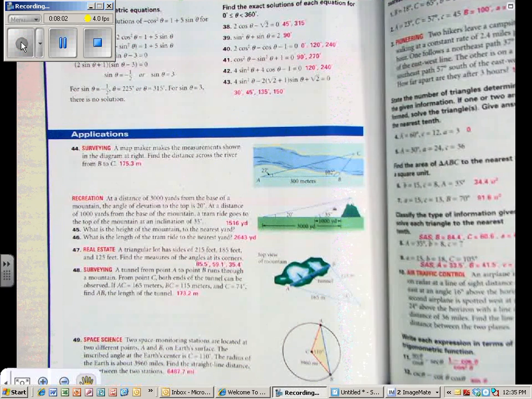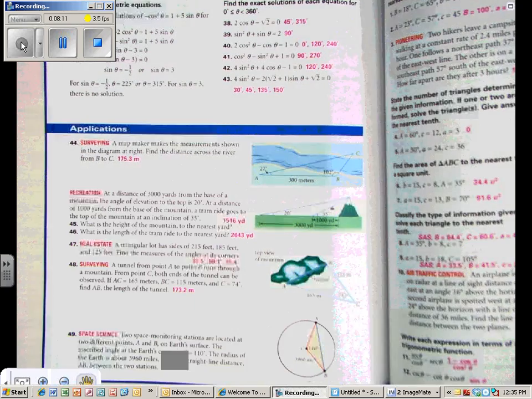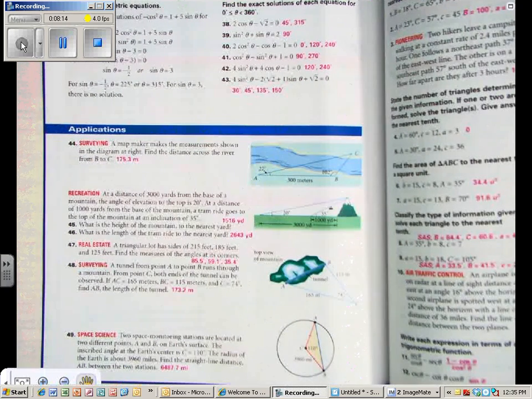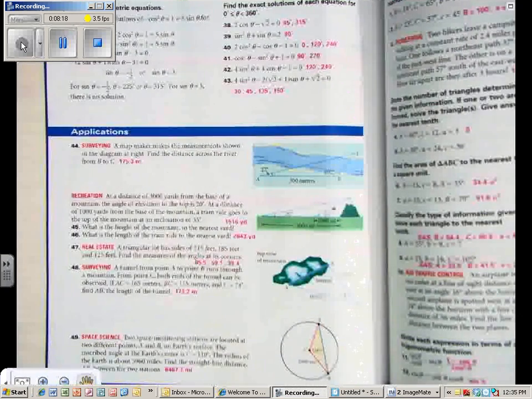You guys, can you read that on the screen? No. I can read it on my computer screen. We're kind of far away. So you should be able to read that on your computer screen. There's no seats.